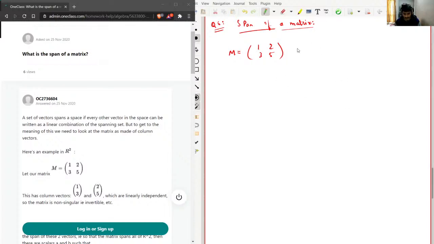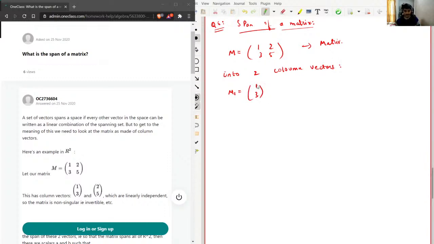So I can divide this matrix, M, into two column vectors. Let's say the first vector is M1, that will be 1 3.